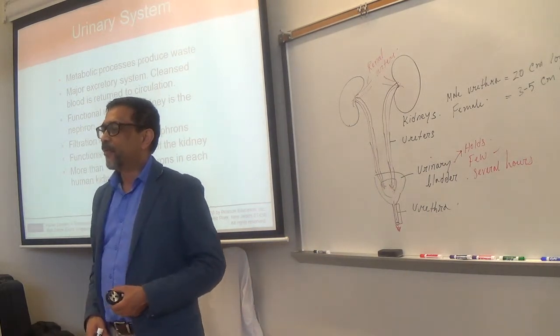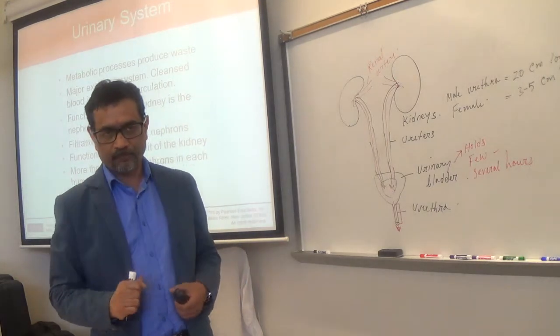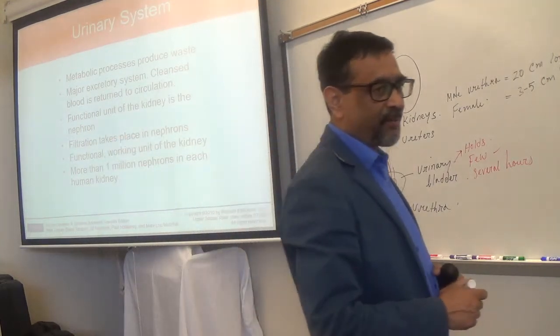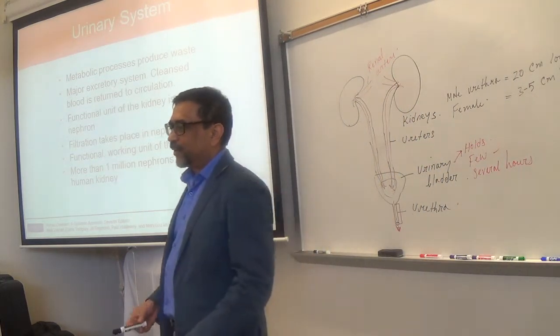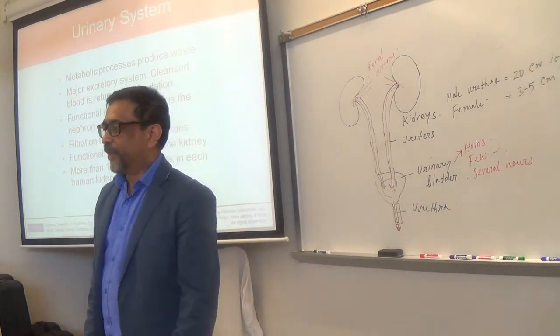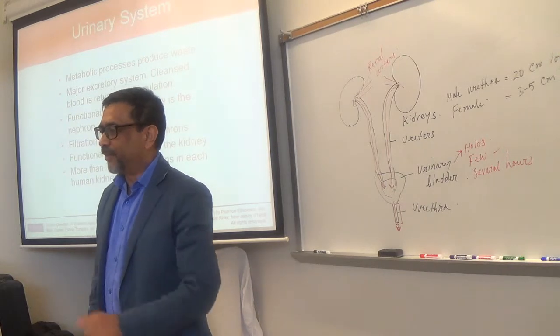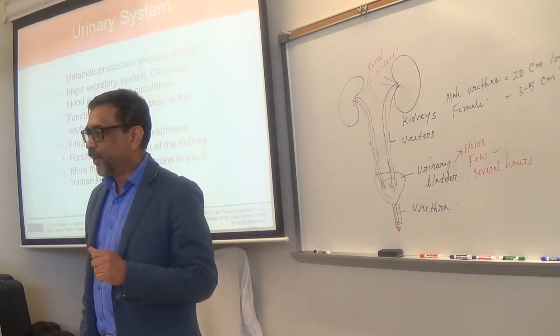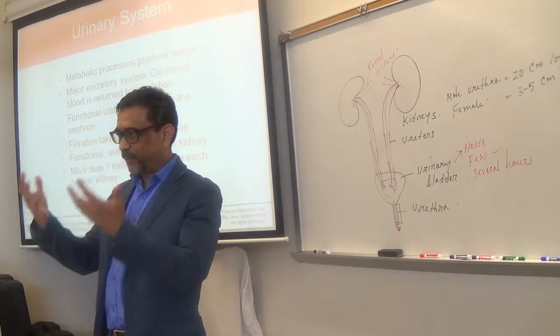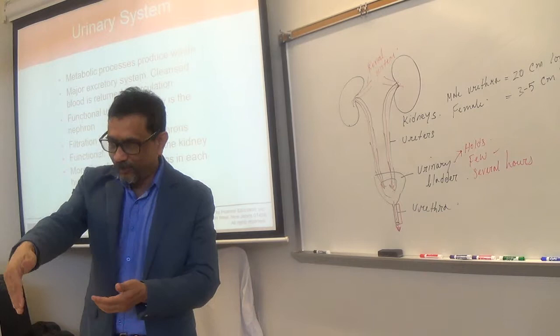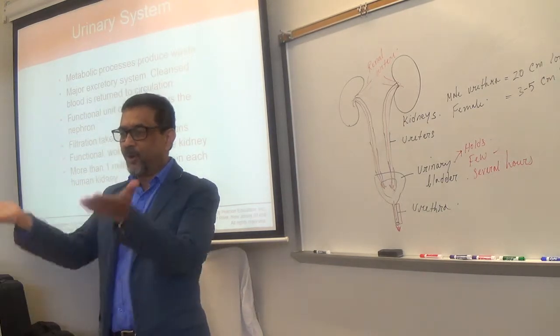Number 3, regulation of blood volume. You tell me, if you drink, again, same thing, too much water, then the volume of blood will go up or down? If you drink too much water, water will go to the blood, right? So blood volume will go up.